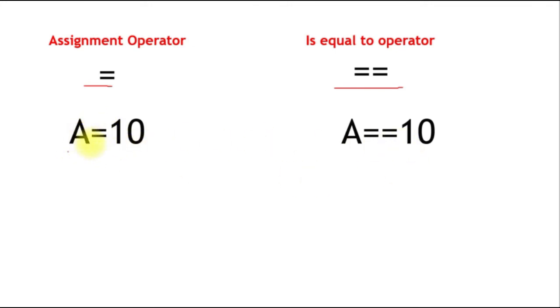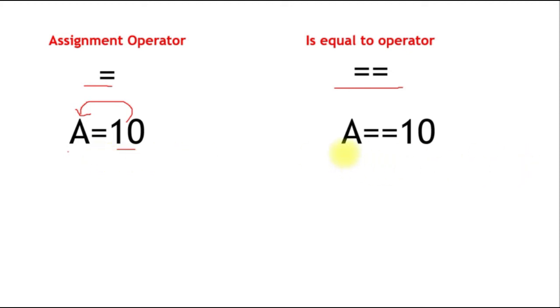Kapag isang equal sign lang ang nakikita natin, ang ibig sabihin ay, ina-assign natin yung value ng nasa right operand sa left operand. So parang ito, A is equal to 10, meaning yung value ng 10, ilalagay natin as value ng variable A. So, ina-assign natin na maging value ni A is 10.